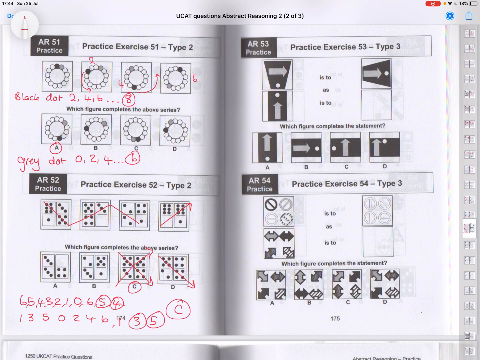So that means it could be C or D. And then if you think about the other direction, we get 1, 3, 5, 0, 2, 4, 6. So the numbers that I need there are 3 and 5. Making the answer C.